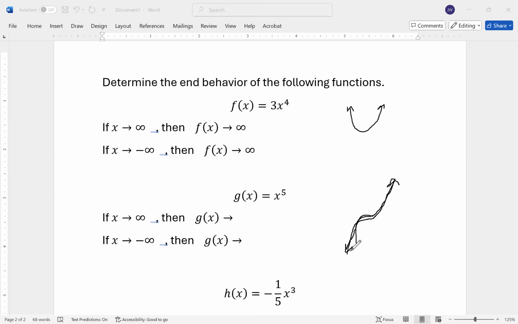It's going to start lower left, climb, and then shoot off to upper right. So as x gets bigger, the function value is going to go off to infinity. As x moves towards the left, my function value goes to negative infinity. And that's what we get.